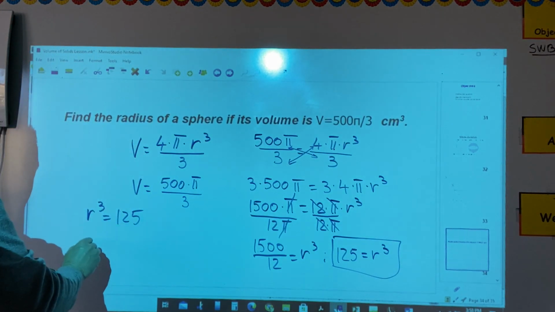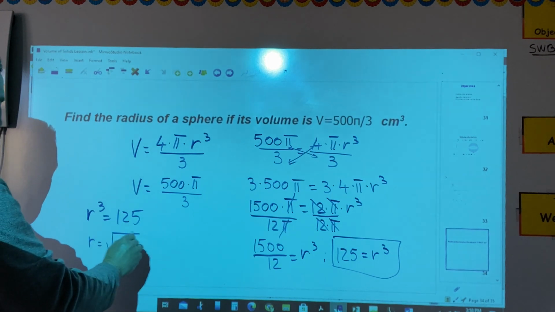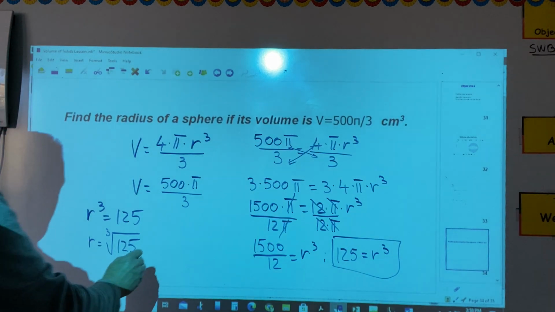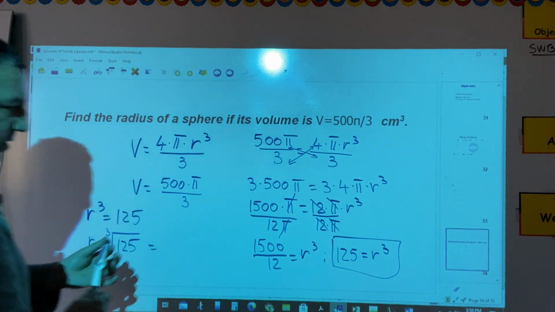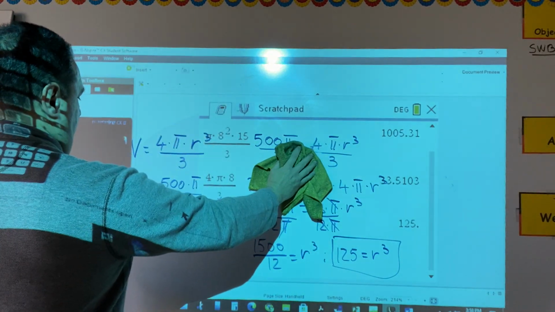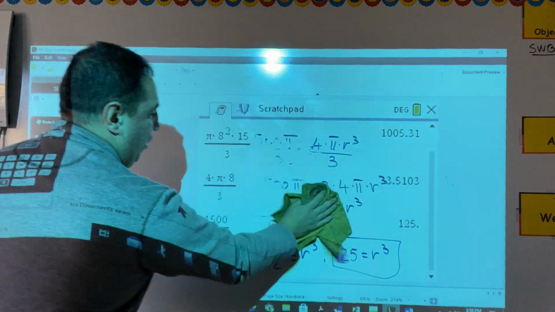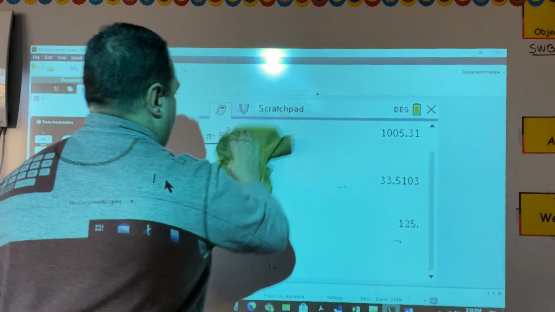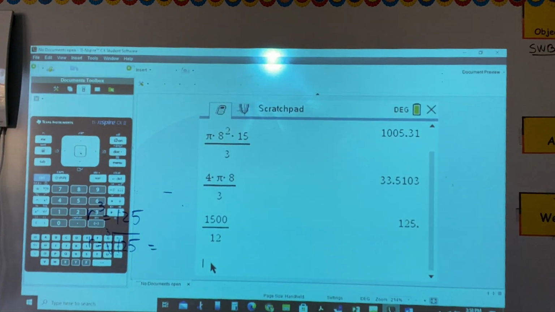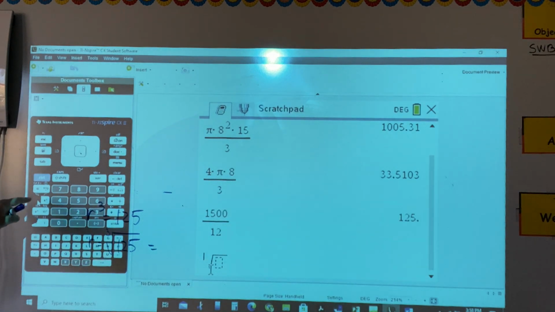So, we have r would be the cubic root of 125, which is, let's find using the calculator. We use control and this button.